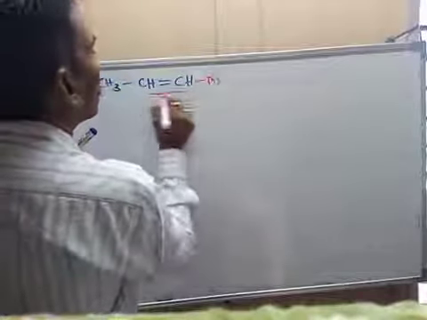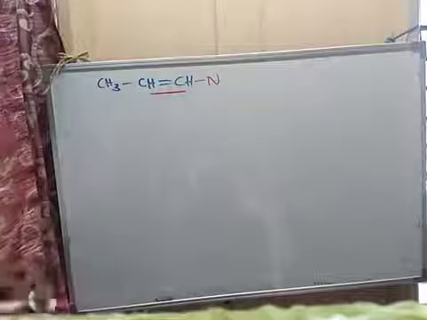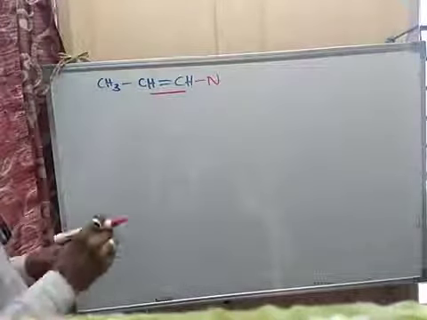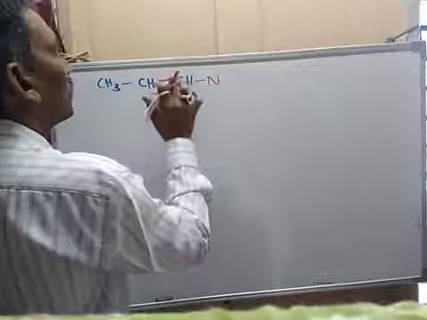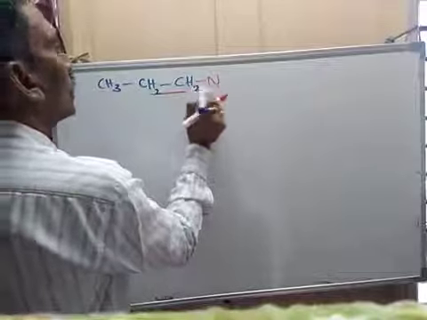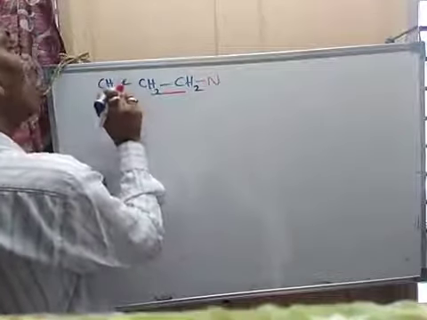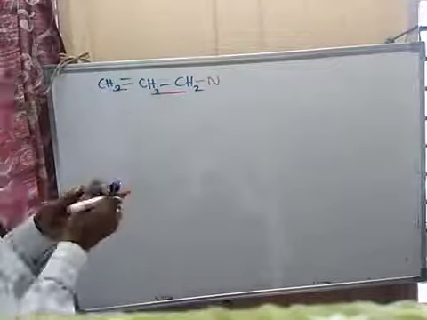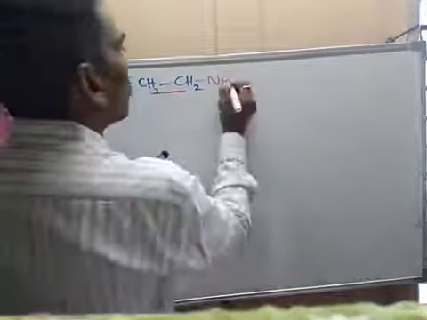What you are watching, dear students, the nature of the carbon chain is a double bond. This is CH2, CH2, and here I would like to write a double bond. Yes, no problem. And this is NH2.